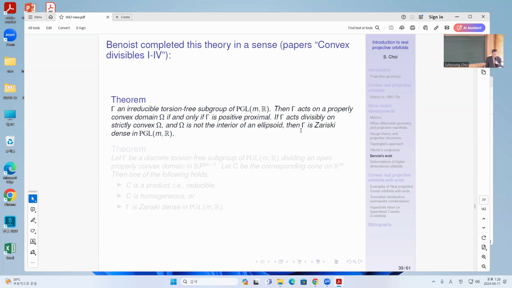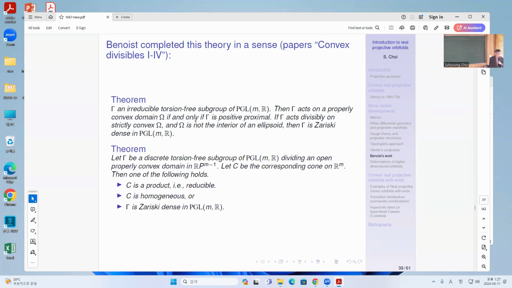That's the definition. Then gamma acts divisibly on a strictly convex omega, and if omega is not the interior of an ellipse, then gamma is Zariski dense in PGL(n,R).